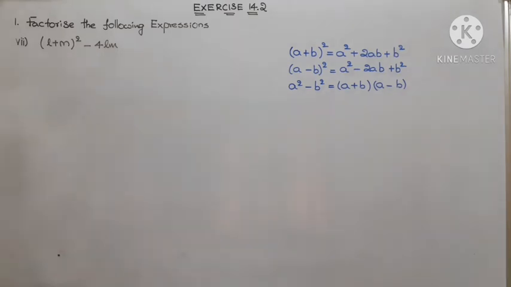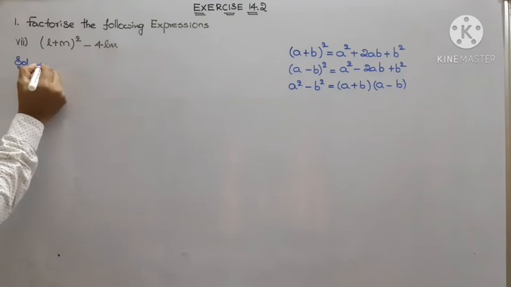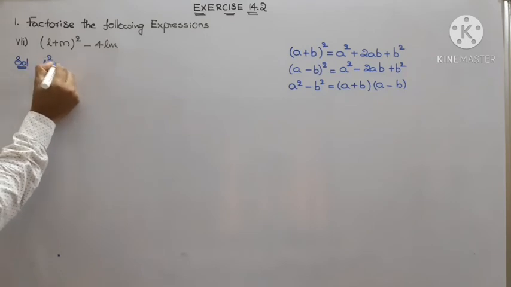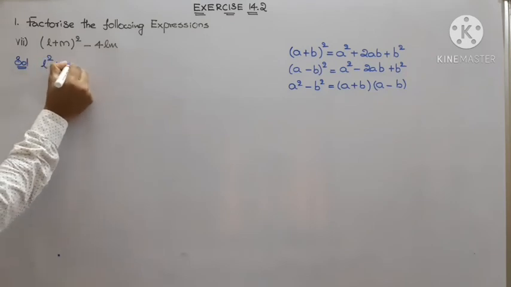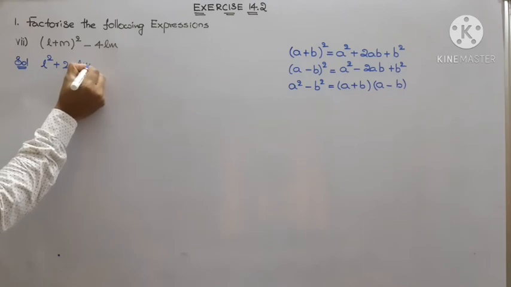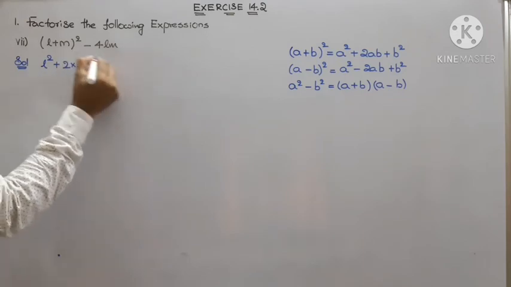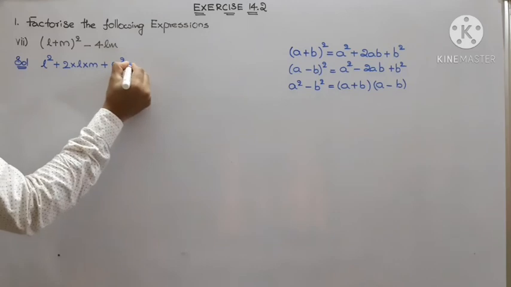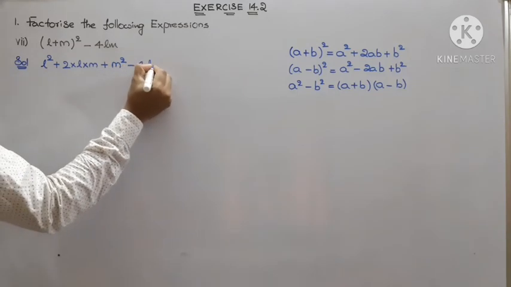First we need to expand L plus m whole square. So it carries the form a plus b whole square, isn't it? So which makes a square plus 2ab, that means 2 into L into m, plus b square, that is m square, minus 4lm.